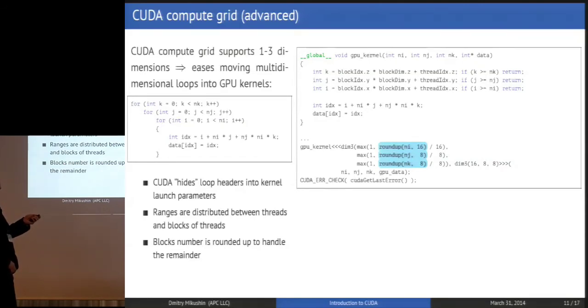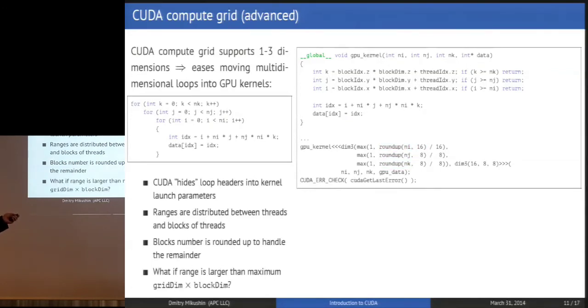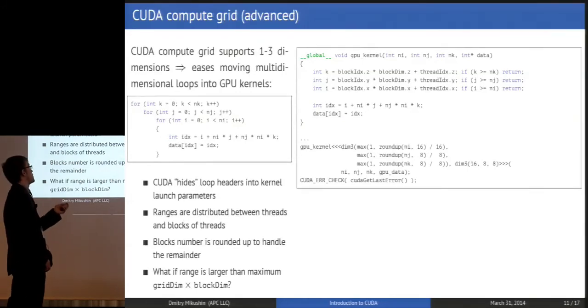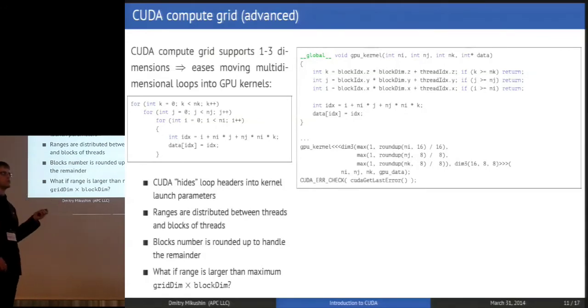As we have some block size, and it could be not exactly divisible into our actual dimensions, we need a round up here. And the max here means that we need at least one block of threads. Otherwise, this kernel will never run. Or actually, there will be an error to run a kernel with 0 blocks.